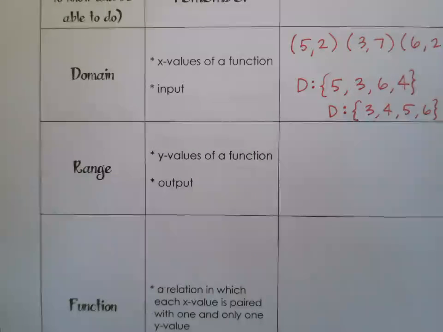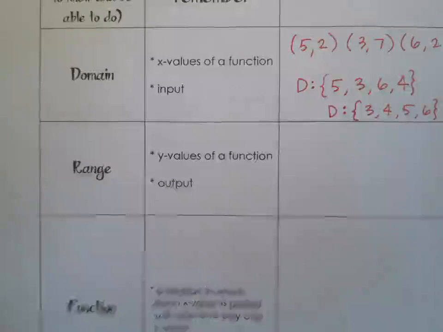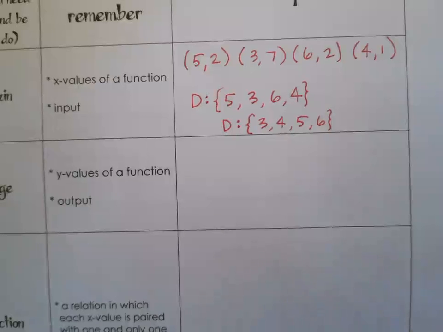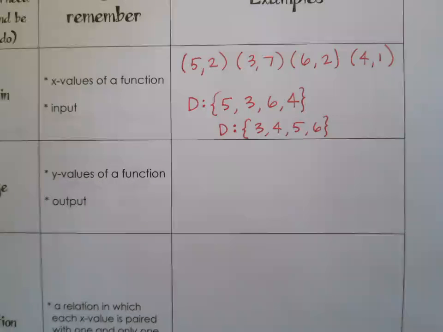All right, range, same idea, but this time we're talking about the y values. Using these same points, our output is what we get once we fill in a number into an equation. So we fill in an x, and the answer we get is the y.